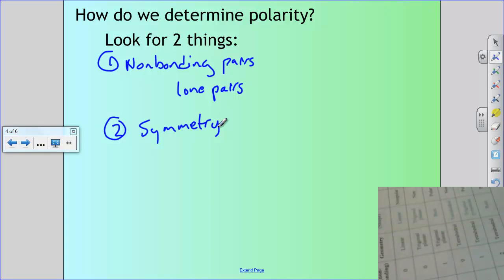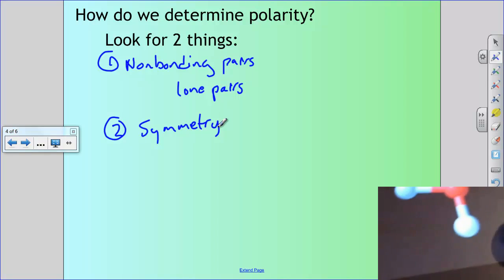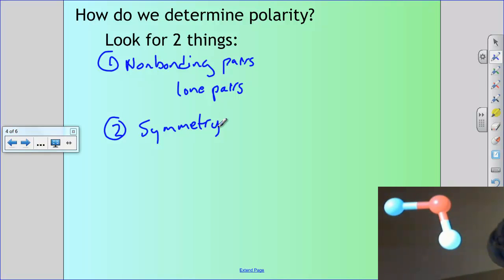But what symmetry means for us in this case is, if I have an object, can I divide it in 2 and it's the same on both sides? Just as a quick example, if we drew a methane molecule, now, granted, remember we talked yesterday that these are 3-dimensional shapes, they don't look just like the 2-dimensional shapes that were drawn.